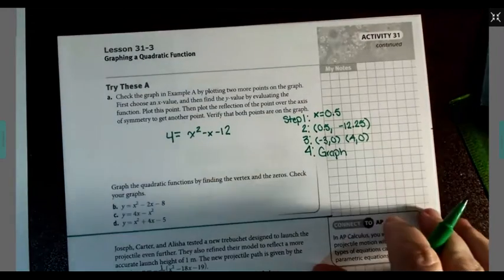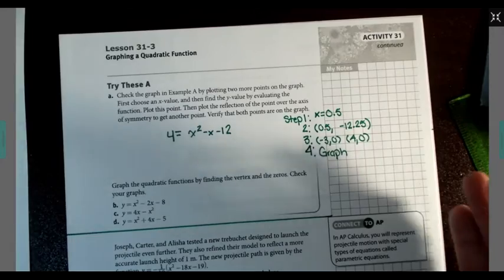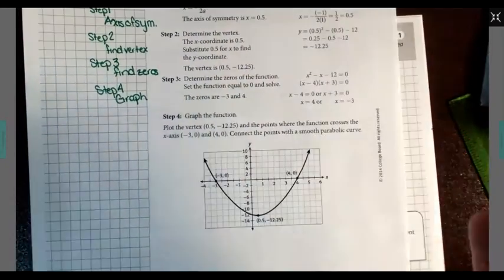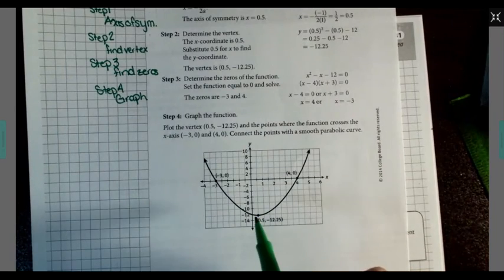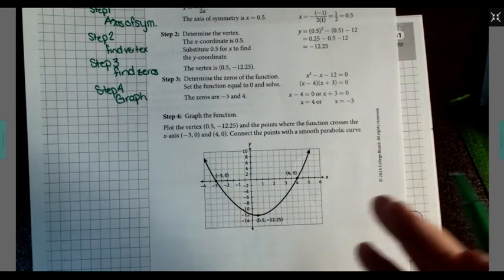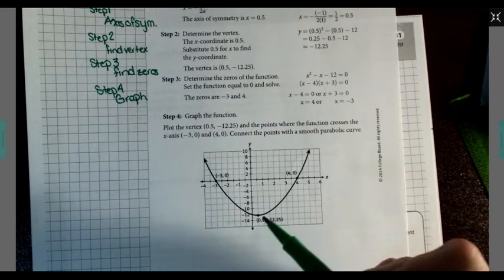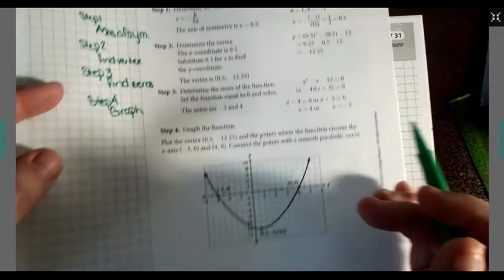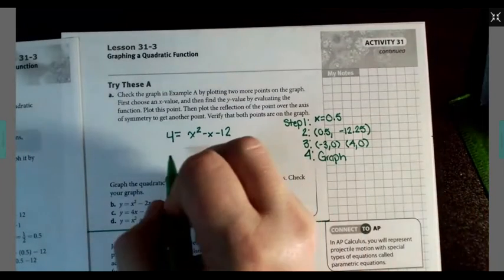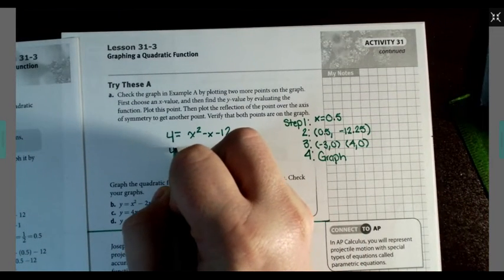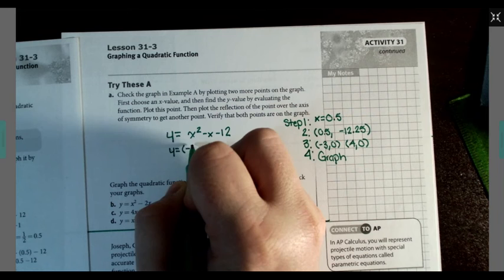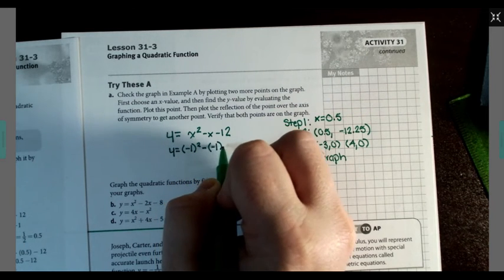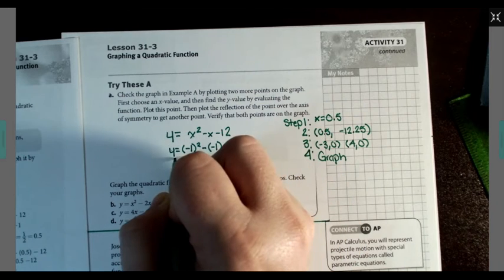Okay, what I want to do is I want to plug another point in. Well, I obviously don't want to use the zeros, and I don't want to use our vertex. So I want to plug in something other than those. So let's try the point negative 1. Okay, so let's say y equals negative 1 squared minus a negative 1 minus 12.